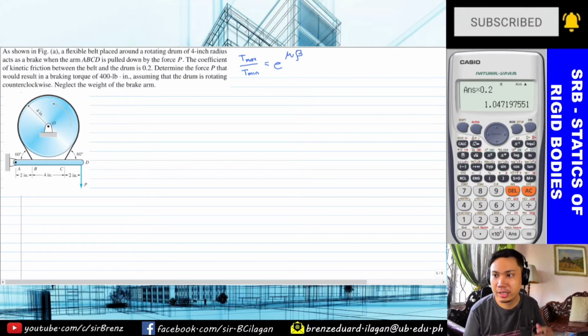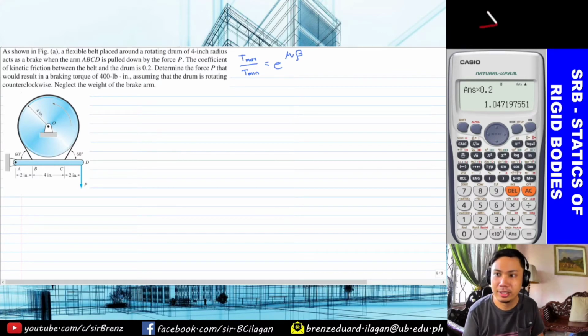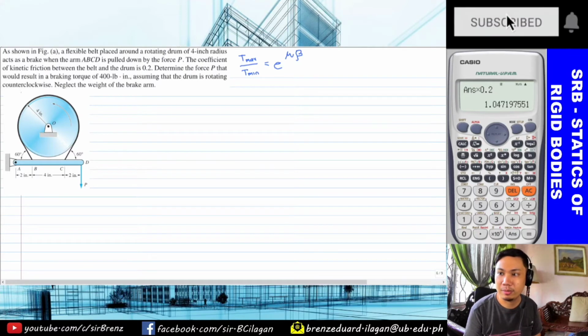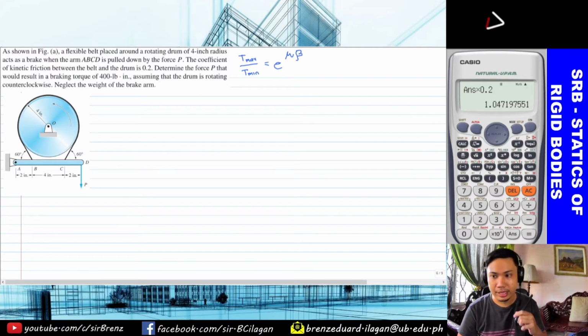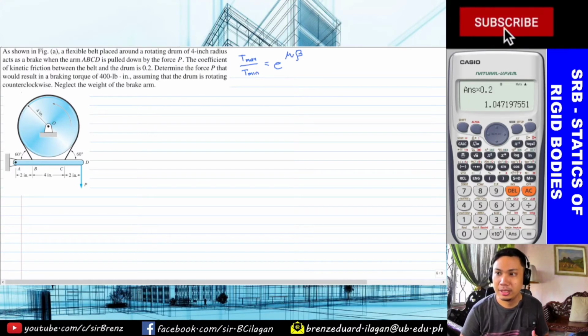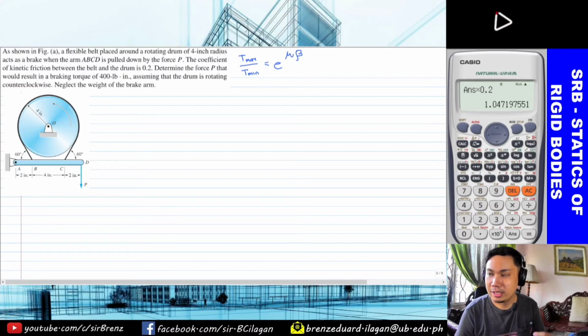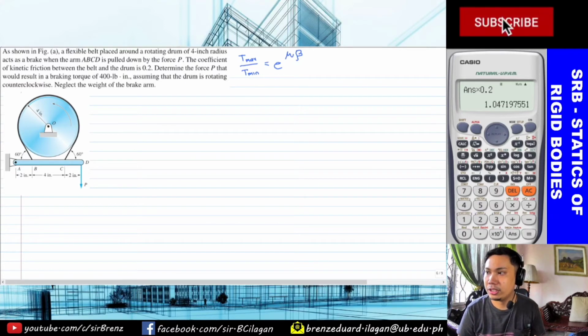But since for this example, meron na siyang ibinigay na specific value ng coefficient of friction between the belt and do sa ating drum or pulley, ibig sabihin yan, magkaiba yung value ng friction sa isang dulo at saka do sa kabilang dulo. Meron dyang isang mas malaki compared dun sa isa. And based do sa pag-a-analyze mo, dun mo malalaman kung aling dulo ang magke-carry ng mas malaking load and aling dulo yung konting load lang yung dadalhin. Okay, so yun yung ibig sabihin doon ng T max at T min. Yung mu natin is coefficient of friction.